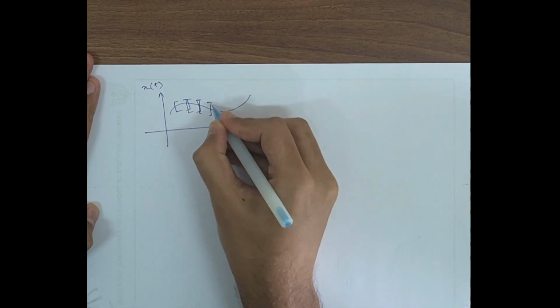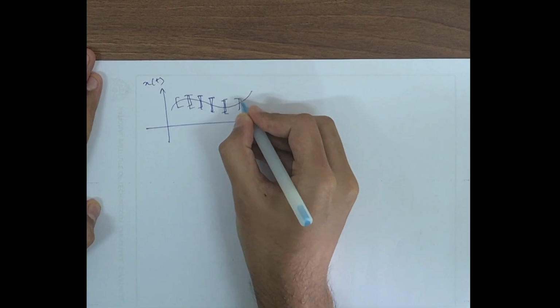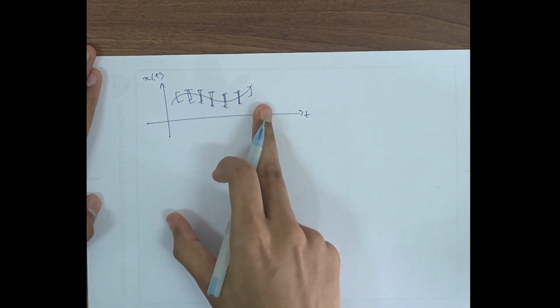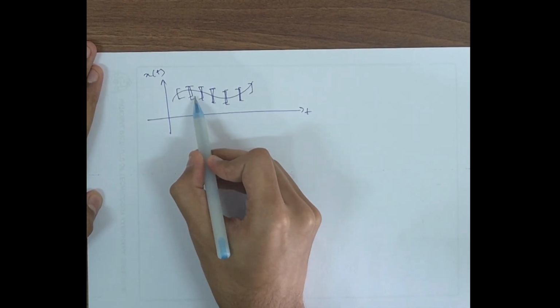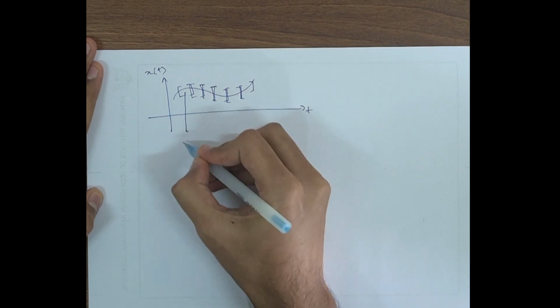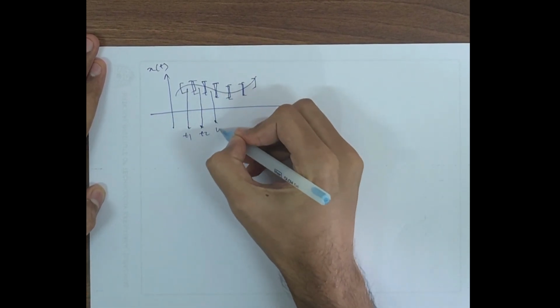I'm chopping it into slices, and these slices are overlapping. These slices are known as windows, so each of these brackets represents a window. I'll name this bracket P1, this bracket P2, P3, and so on.